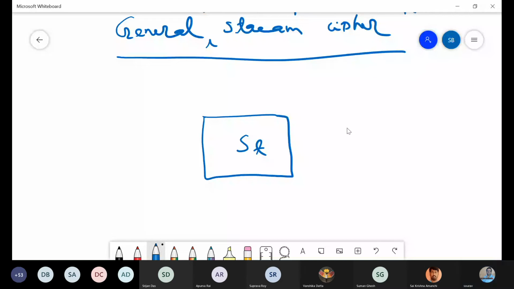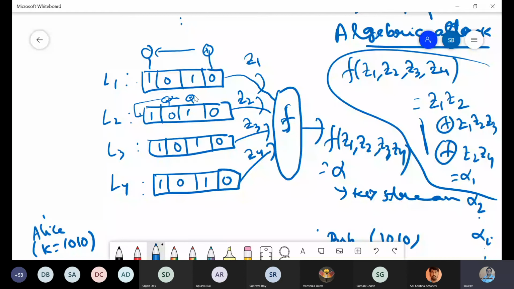So even if Alice and Bob have a 16-bit key, we can fit it. Say we have beta 1, beta 2, up to beta 16. We put beta 1, beta 2, beta 3, beta 4 in the first LFSR, and beta 5, beta 6 onward in the second, and that is also fine. Any problem with that?